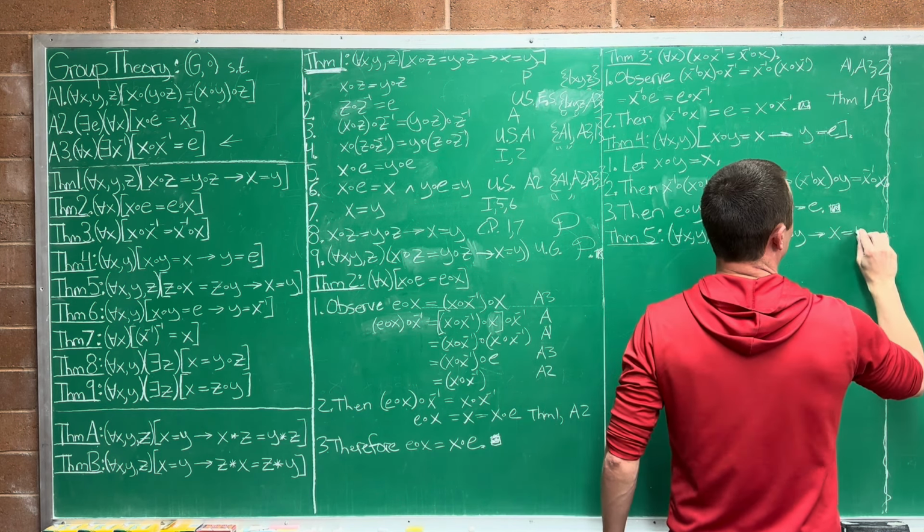Okay. So 7, then finally, maybe just write therefore. Therefore, x is equal to y using finally axiom 2, I think. Yeah, because we just replace that with an x and replace that with a y.